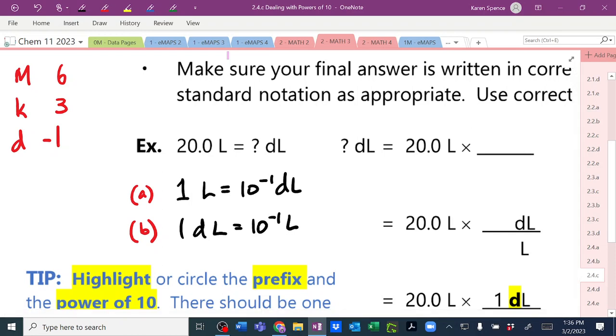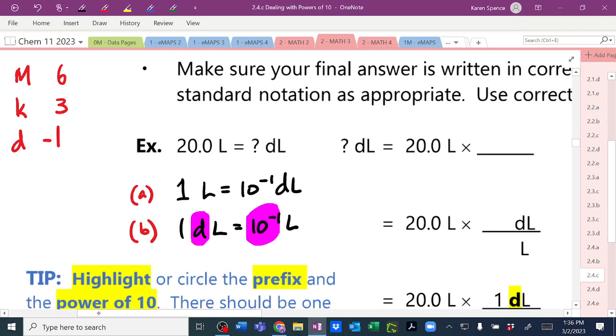Here's an easy way to do it. You can either have a prefix in front of your unit, or you can have a power of 10, because one replaces the other, okay? Deci means 10 to the -1. So I can either have 10 to the -1 liters, or I can have deciliter, which means 10 to the -1 liters. If I write 10 to the -1 deciliters, that means 10 to the -1, 10 to the -1 liters.